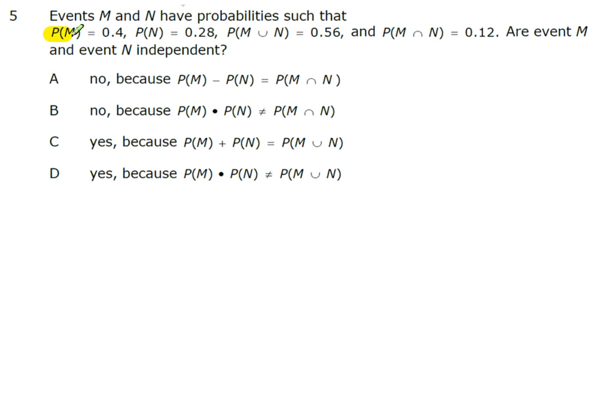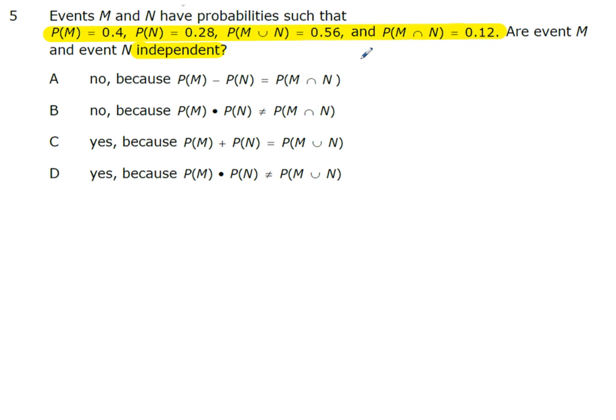Alright, so highlight key information. All this stuff in here may be key information. I went a little too far there. Okay, and then the fact that we're looking for whether M and N are independent is very important. Okay, so we know if two events are independent, then when we multiply them together, we get the combined probability.